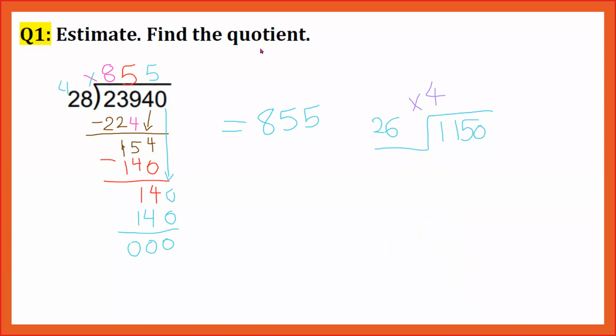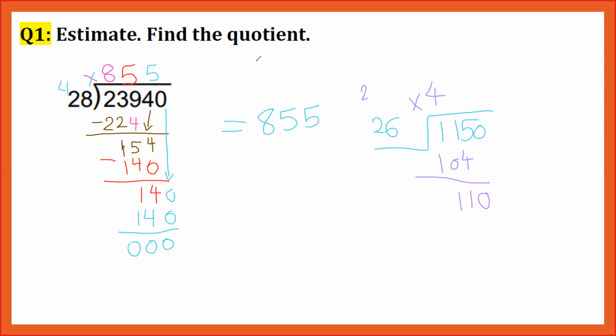Then 4 times 6 is 24. Then 4 times 2 is 8, plus 2, 10. So now the remainder here is 11. Then you add 0. Now 110 over 26.